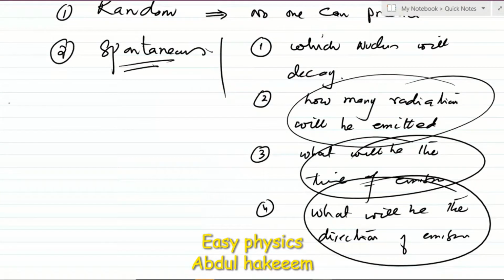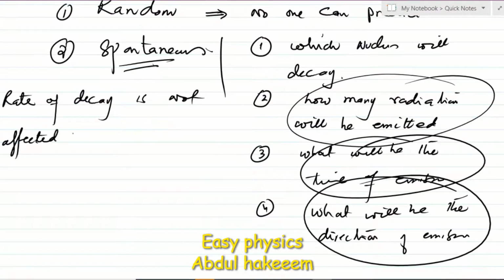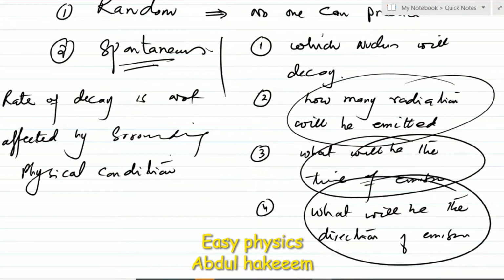Spontaneous means the rate of decay is not affected by surrounding physical conditions. Meaning the rate of emission, the number of radiations emitted per unit time.